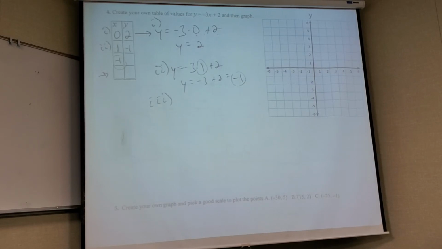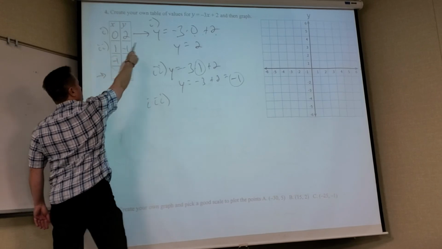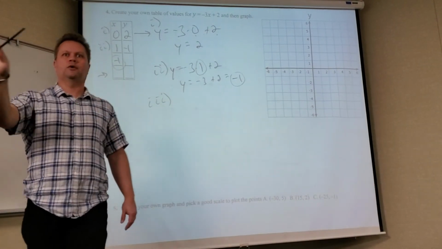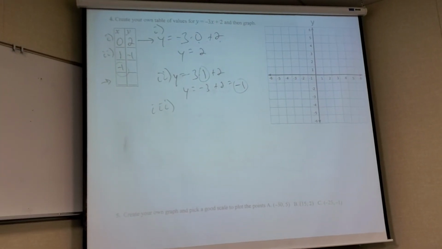Because I'm replacing x with what it is. In the second row, x is one, so in place of x, I put one. I already know what x is, so it's not an unknown anymore for that problem.